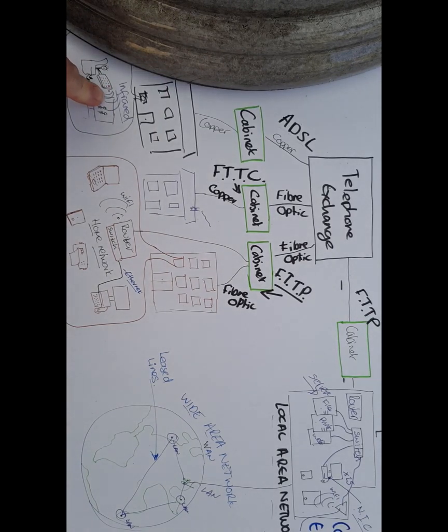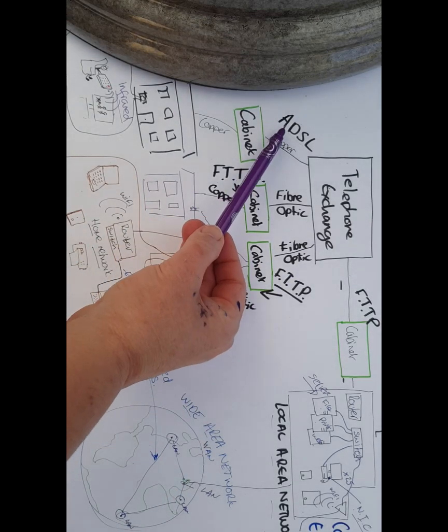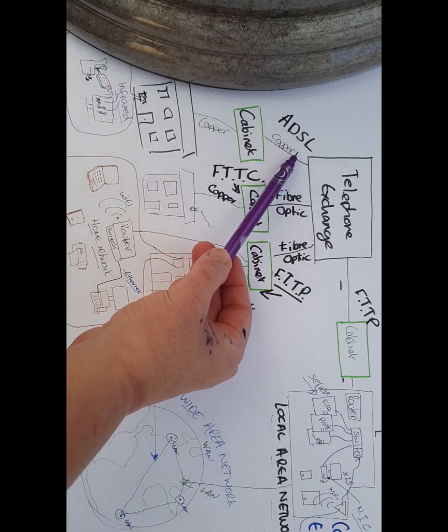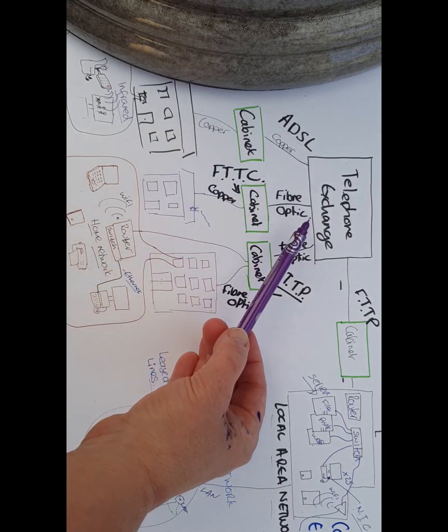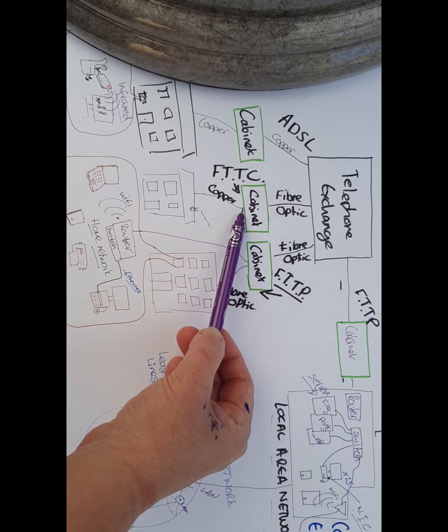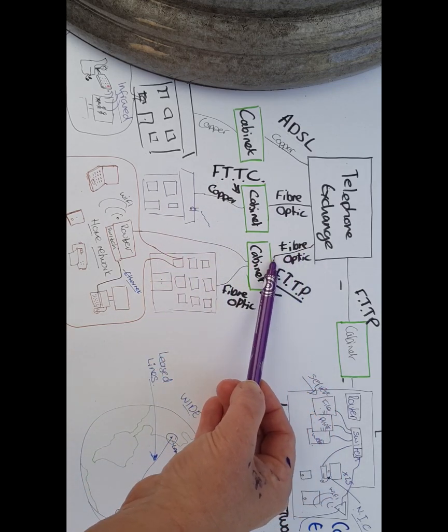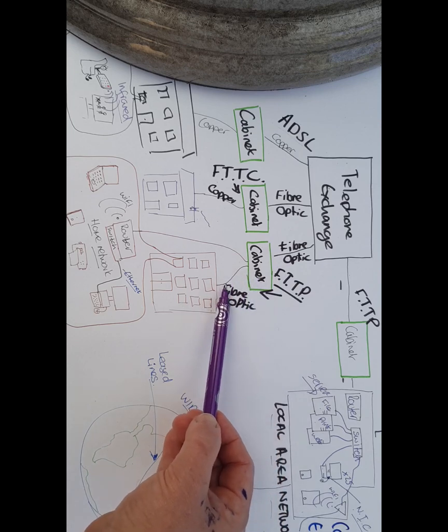So infrared. So the key terms that we've covered today are ADSL and the idea of copper networks, fibre to the cabinet, fibre optic to the cabinet, copper to the home, fibre to the premises, fibre optic to the cabinet and then into the premises.